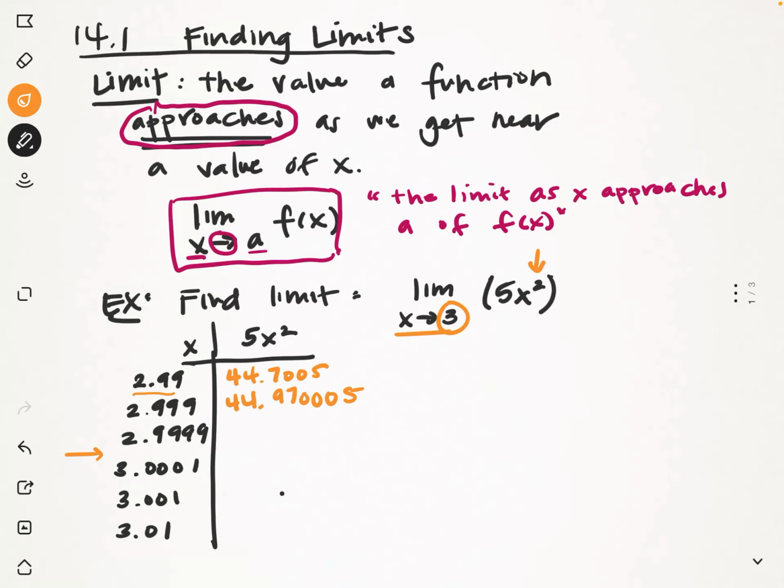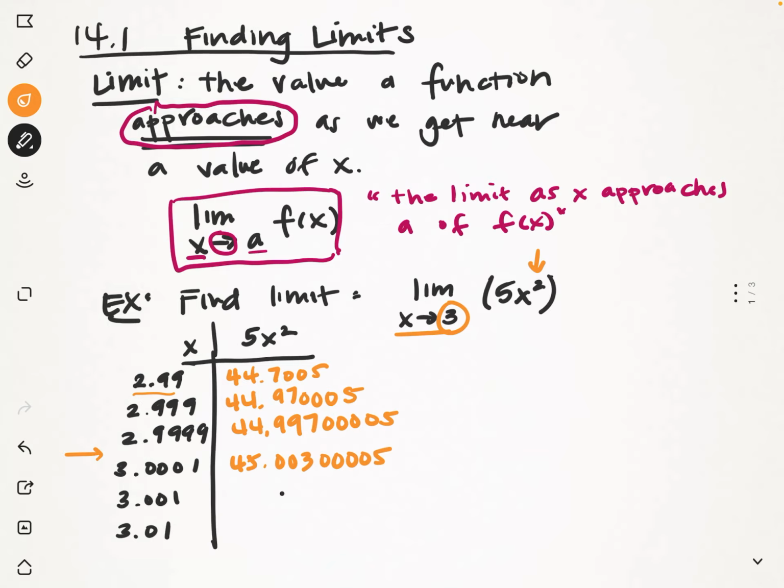Okay, and then one more time, 5 times 2.9999 squared is going to be 44.9970005. Okay, and then we'll jump onto the other side of 3. So 5 times 3.0001 squared is 45.0030005.